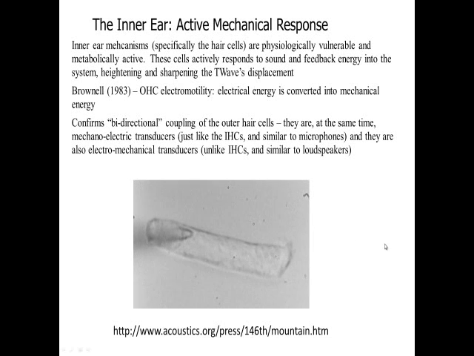So what that means is that you've got a sensory system that transduces energy, in a sense, in both directions, from mechanical to nerve, but also from nerve to mechanical.